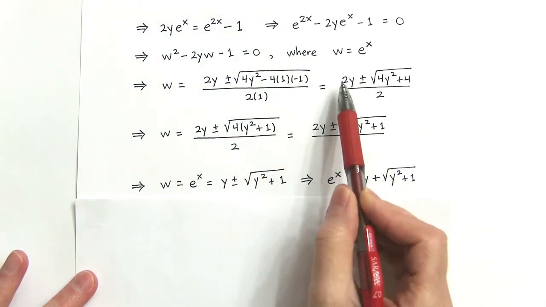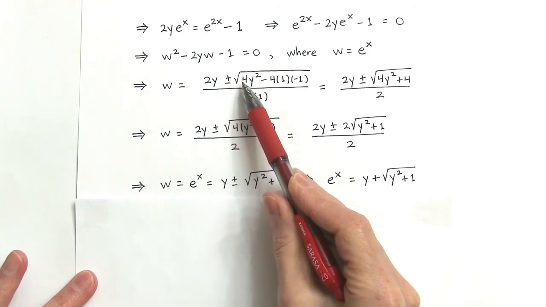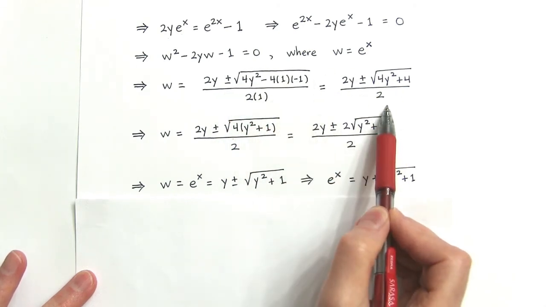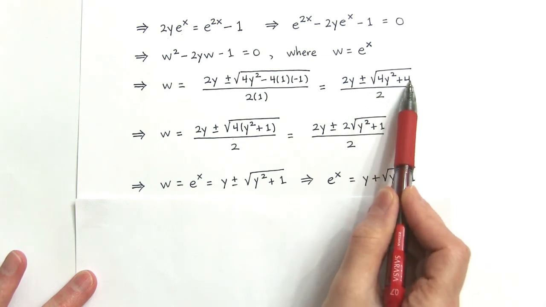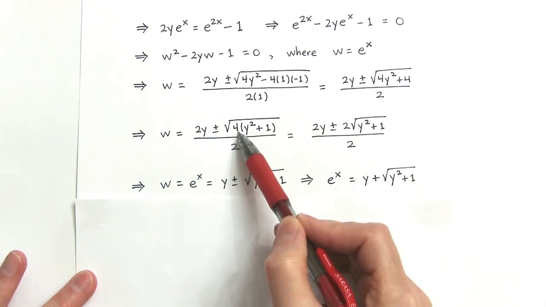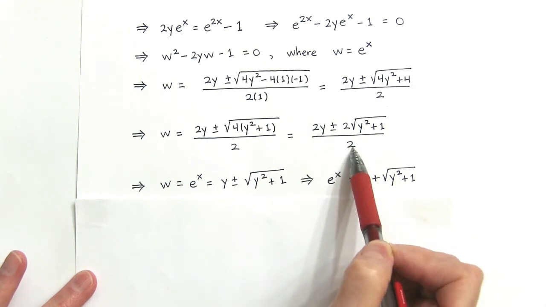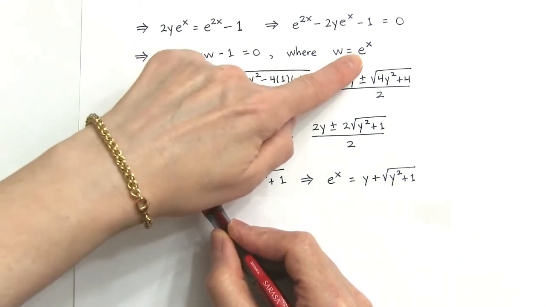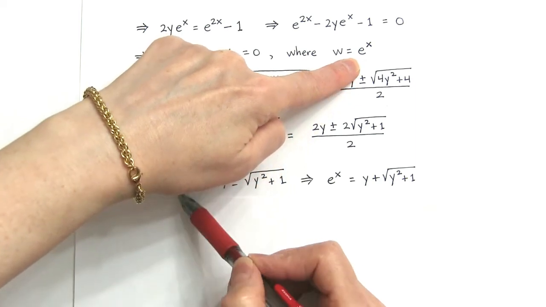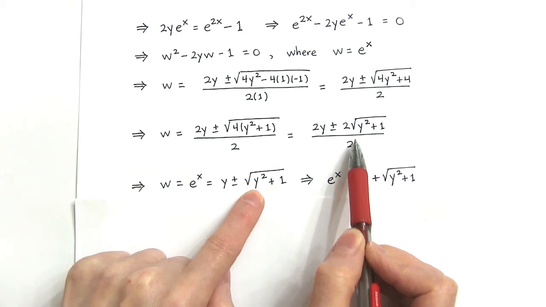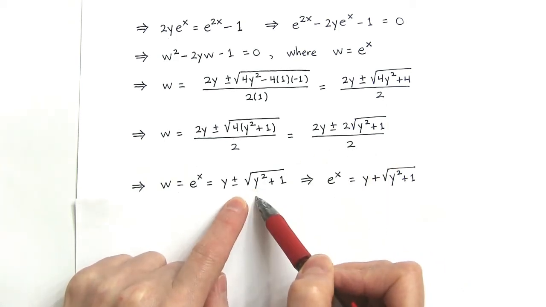We have 2y plus or minus the square root of 4y squared plus 4 over 2. I can factor the 4 out from the radical, and it becomes 2. My 2's cancel, so w, which is e to the x, is equal to y plus or minus the square root of y squared plus 1.